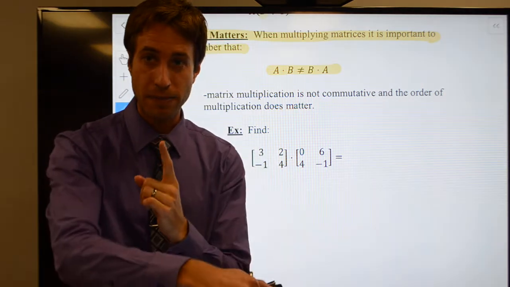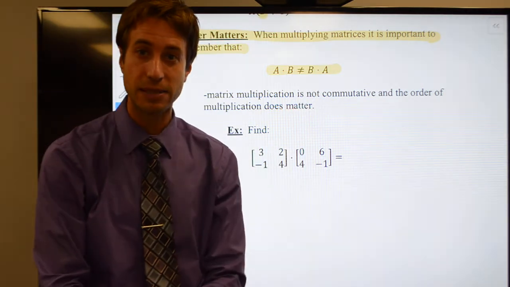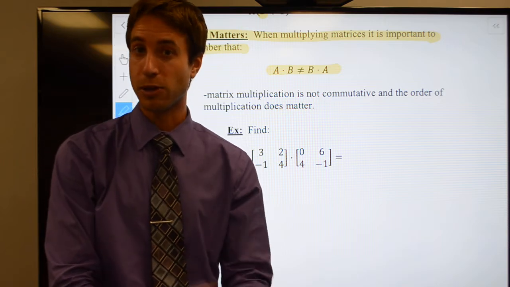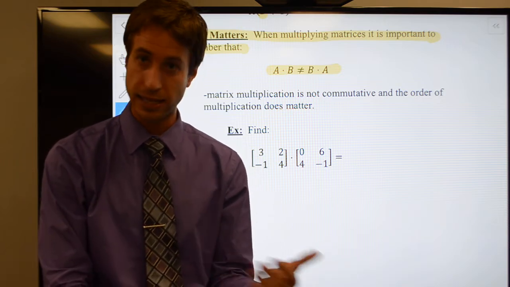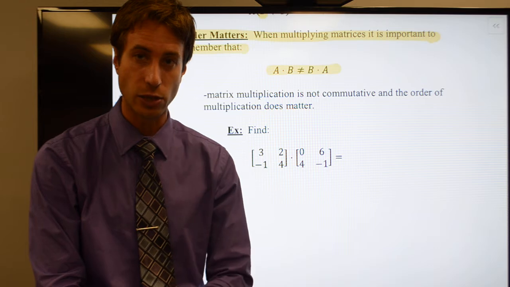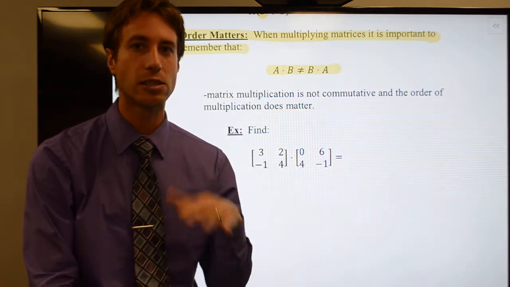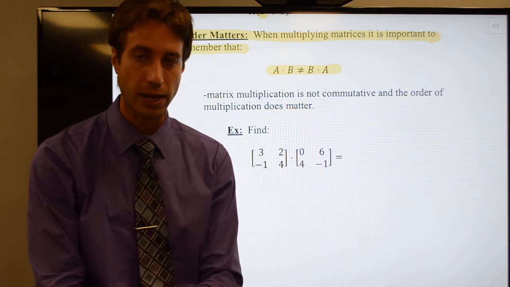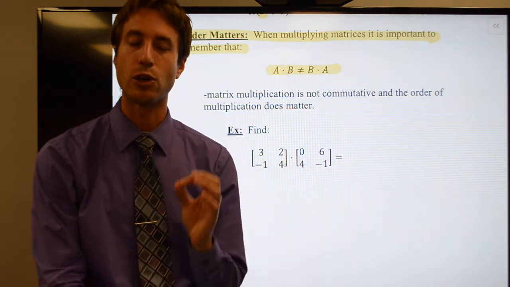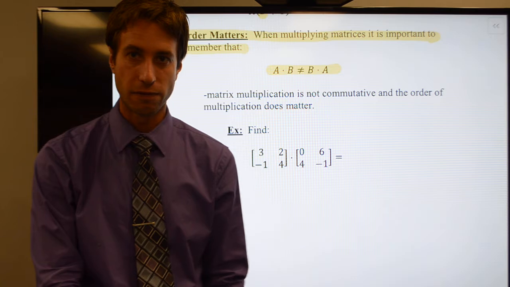But if you flip them around and do B times A, matrix multiplication is undefined. It's not even possible. You can't do it. So please be very careful. There is not a commutative property for matrix multiplication. The order matters. Very important.